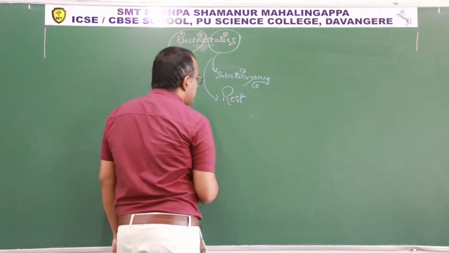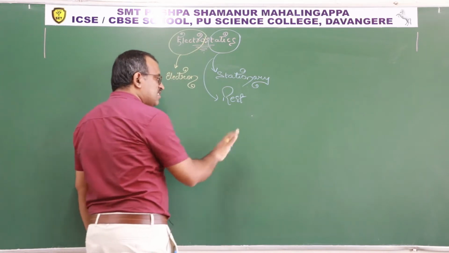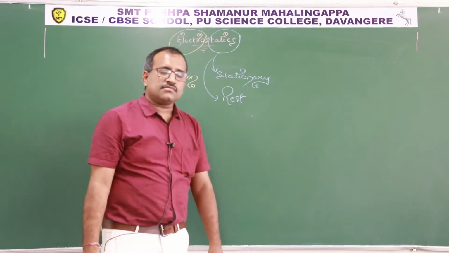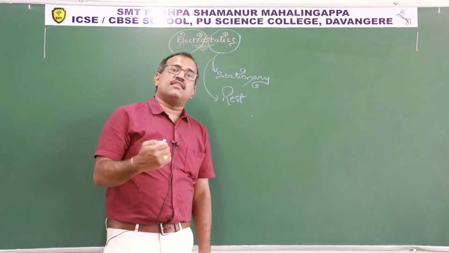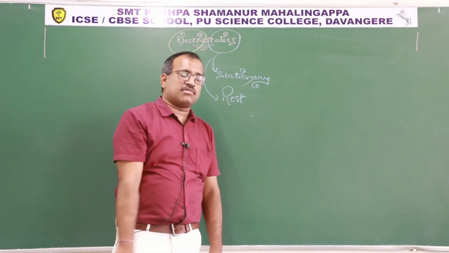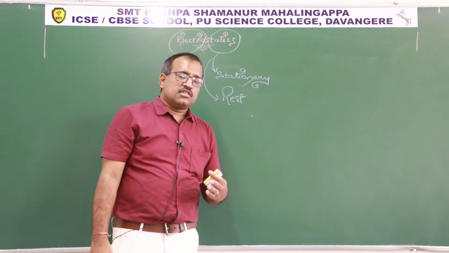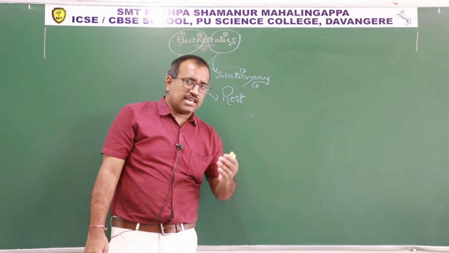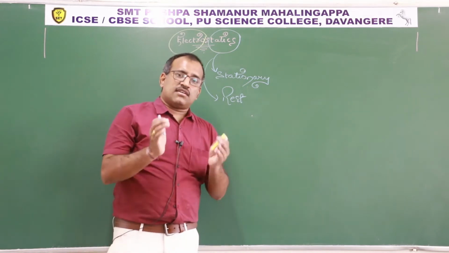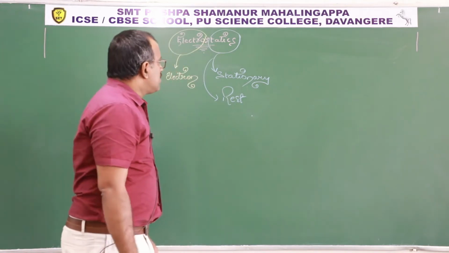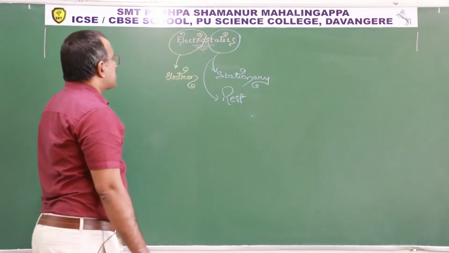When I talk about current, when the flow is taking place, when the electrons are in motion, that is called current electricity, the second chapter of the second year part. Slowly and steadily we will understand the basics, but along with the basics, you read the topic. Clear? So let us start.